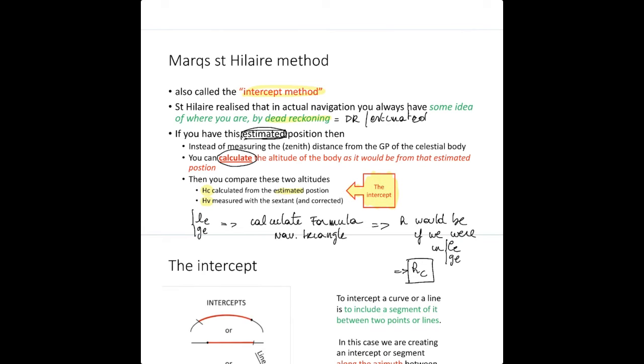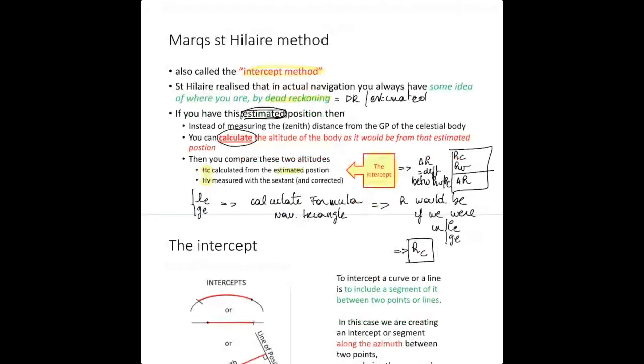Intercept is also called delta H. Delta always stands for difference, and so the intercept is the difference between HC and HV, and that is delta H. Maybe this should not be there, but delta H is the difference between HV and HC, as you can see here. Voila.